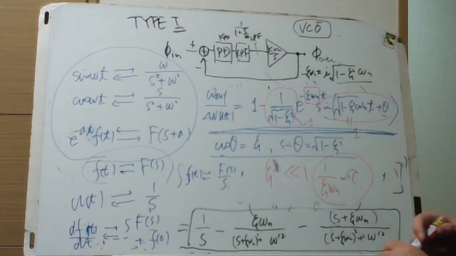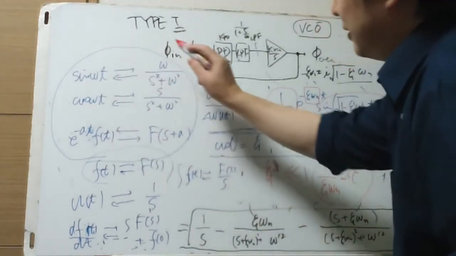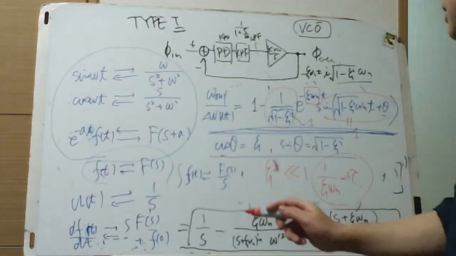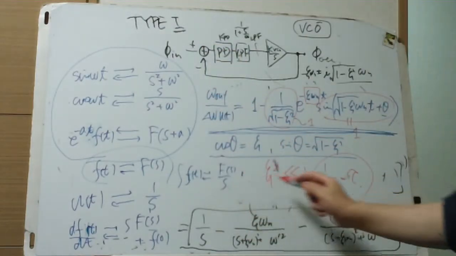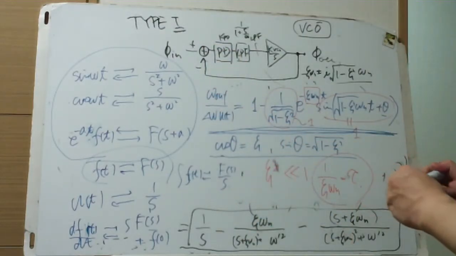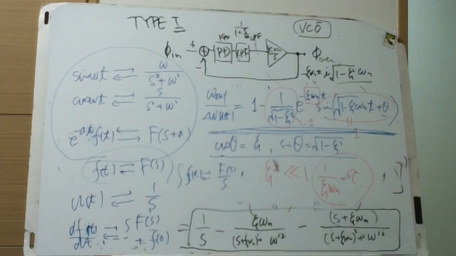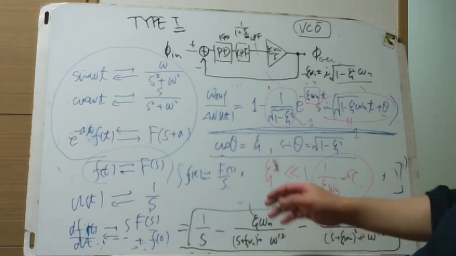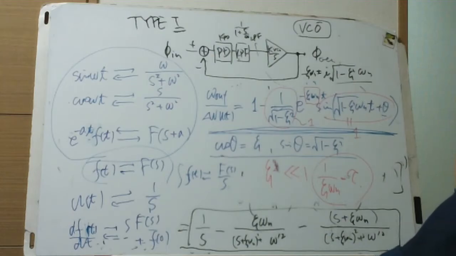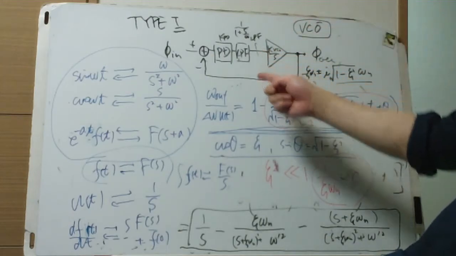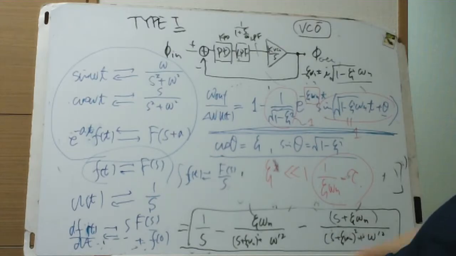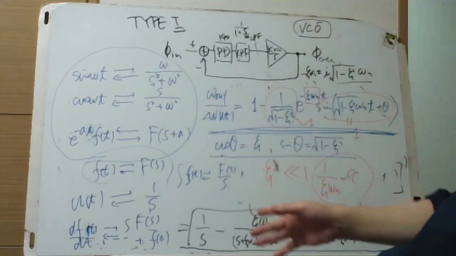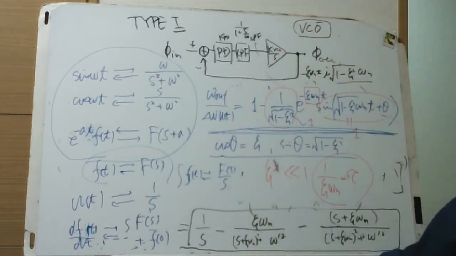So we need to know the transfer function, the Laplace transformation table, and how to calculate the inverse transformation of the step response. And this is the feedback loop representation of type 1 PLL. Type 2 goes the same way.